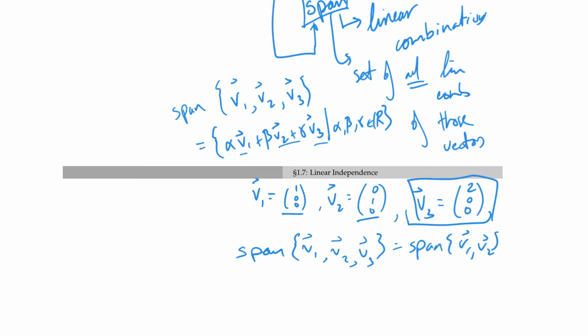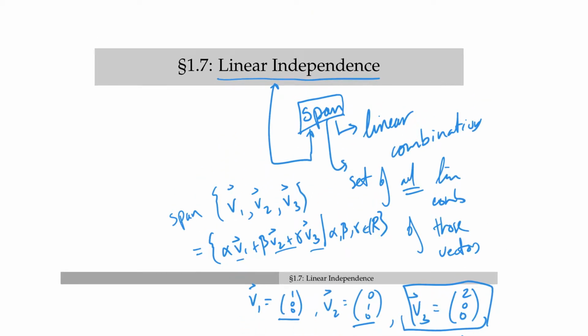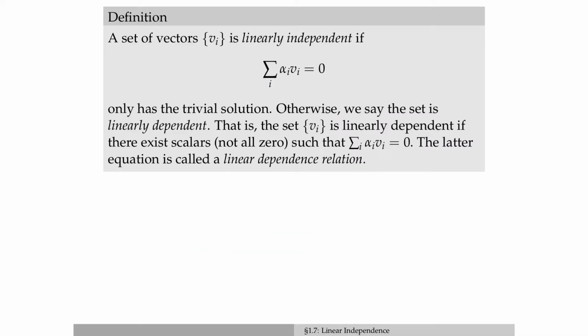It's extra. Well, that gets us into this notion of linear independence. So what we say is a set of vectors, vi, is linearly independent if this particular sum of vectors only has the trivial solution. All right, so let's think back to my previous example.